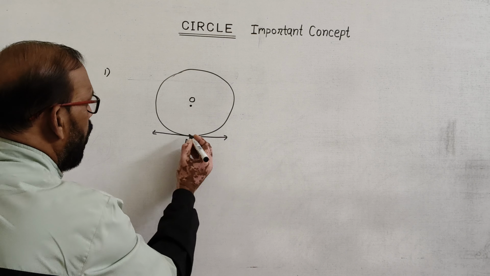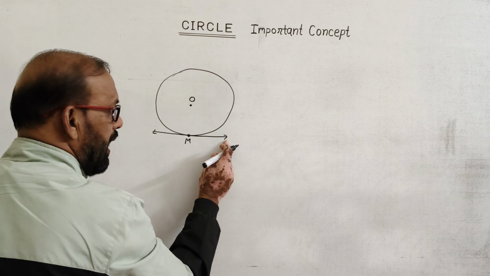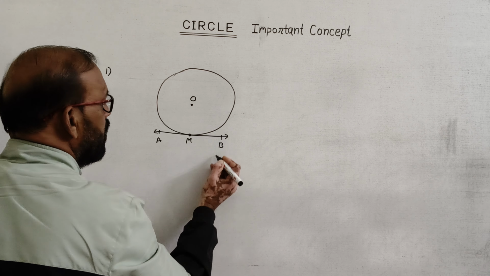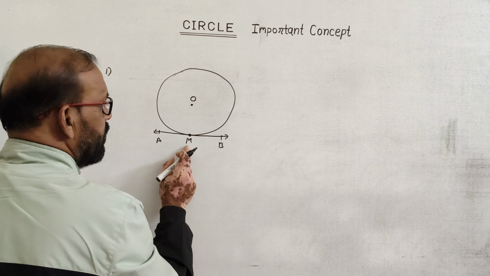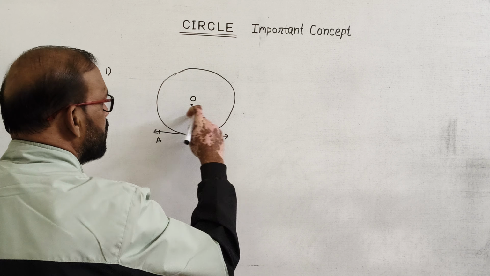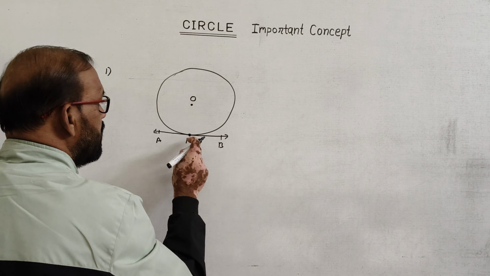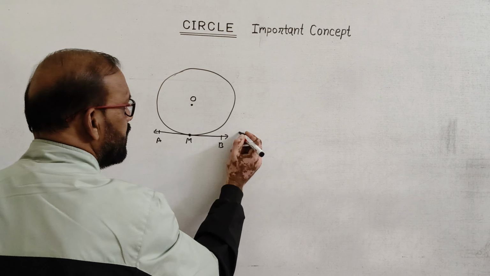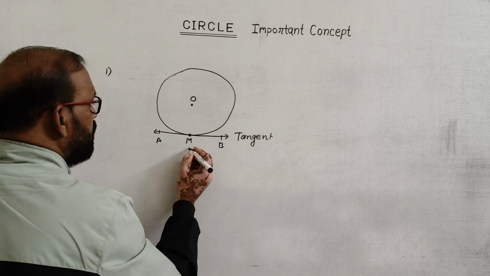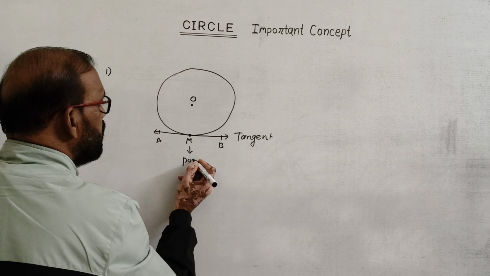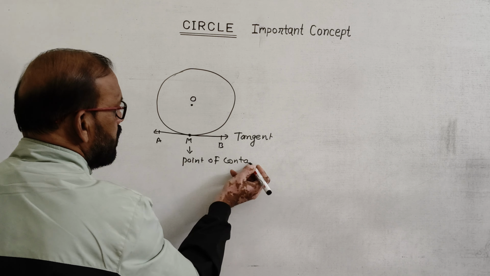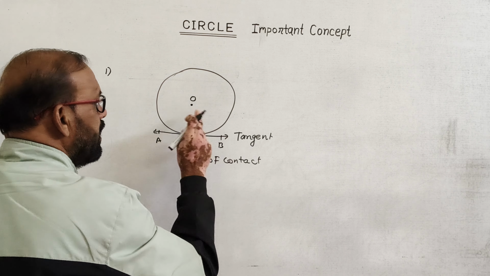Suppose this line is represented by AB. AB is a line which touches the circle at one point M, and this point is said to be the point of contact of circle and this line, and this line which touches the circle is said to be tangent. And this point M is called as point of contact of tangent and circle.